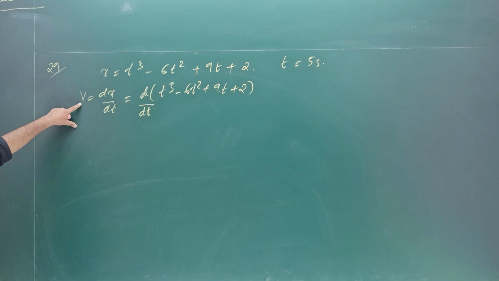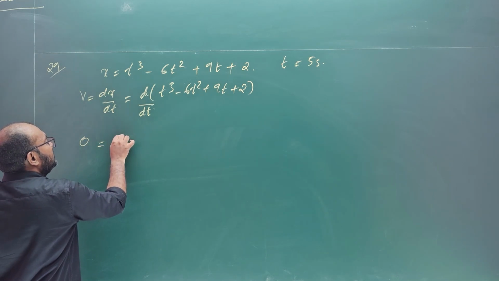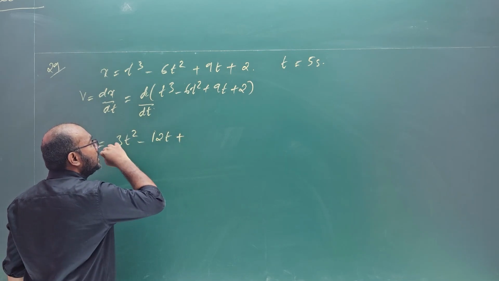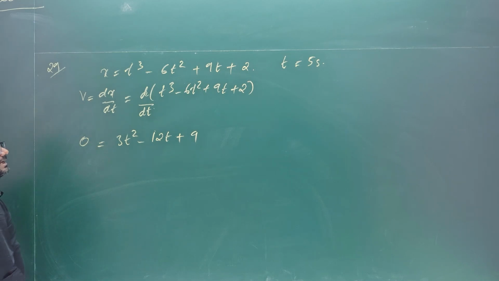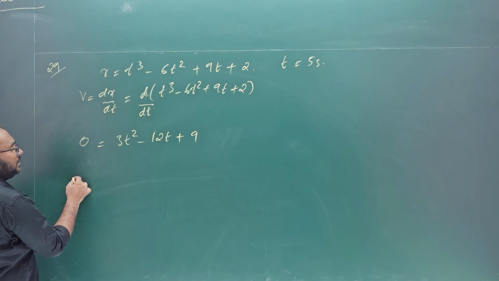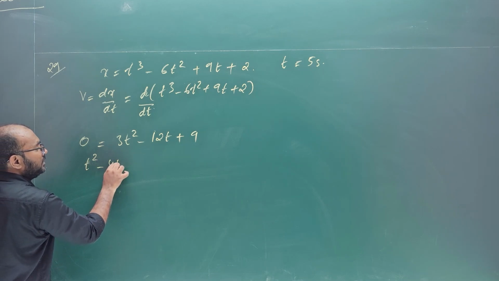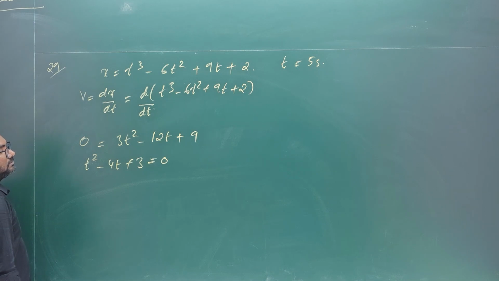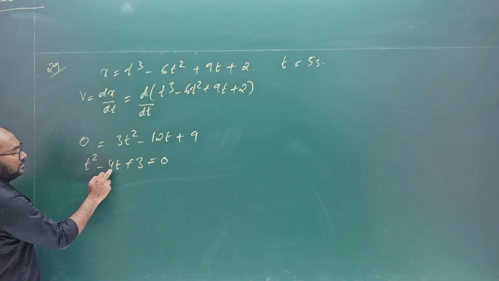Okay, now, so v is equal to what? 0. 0 is equal to, this becomes 3t square minus 12t plus how much? 9. Can I take 3 as common? If I take 3 as common, this equation becomes t square minus 4t plus 3, which is equal to what? 0. Now this equation is quadratic. Can we factorize that? Yes.